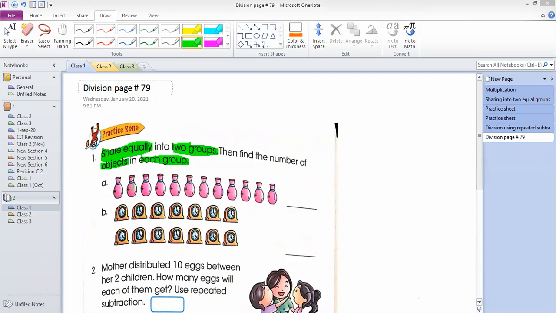Okay, then what to do next? Now what's next? 1, 2, 3, 4, 5, 6. Six. You mean in one group there will be 6 vessels, right?